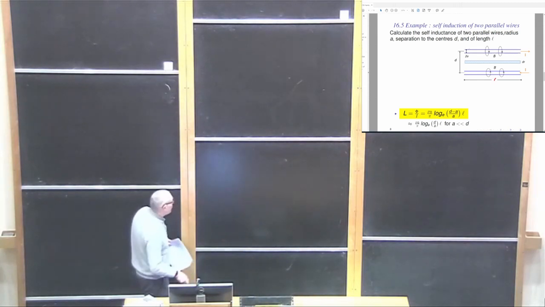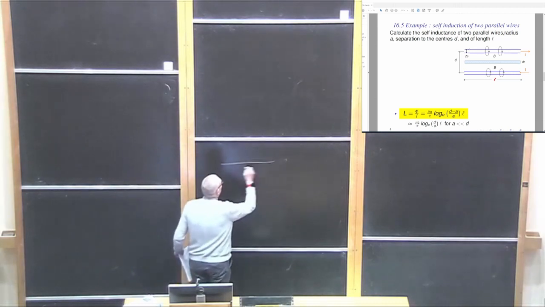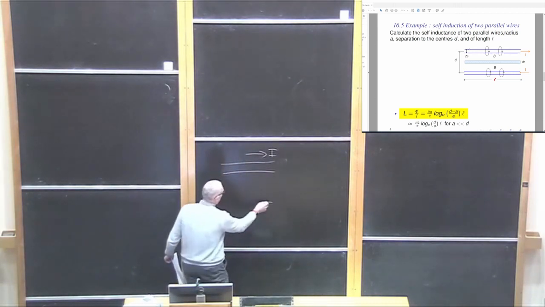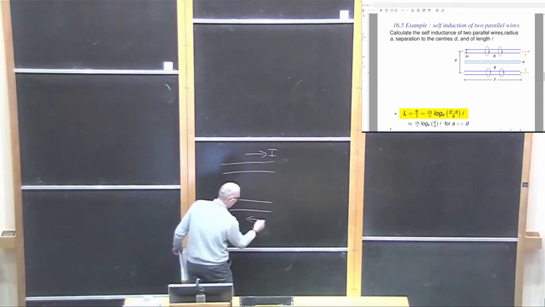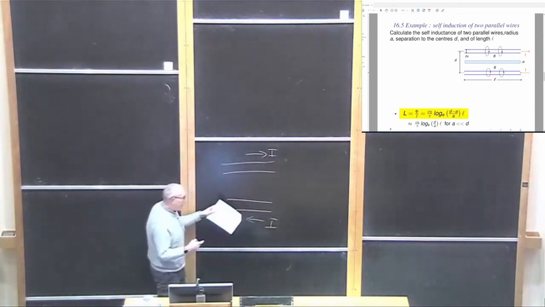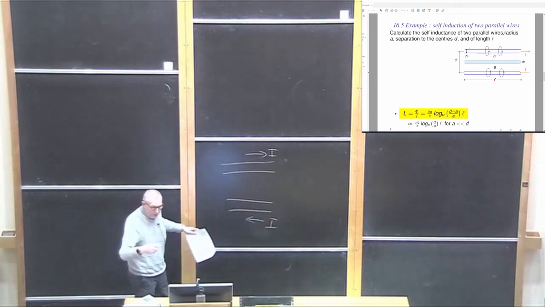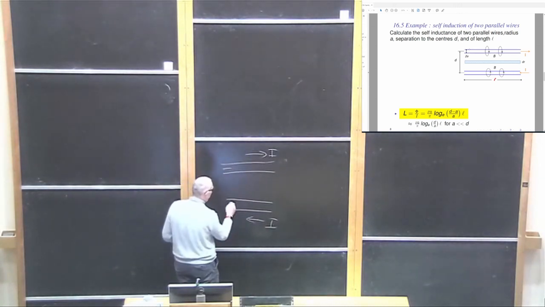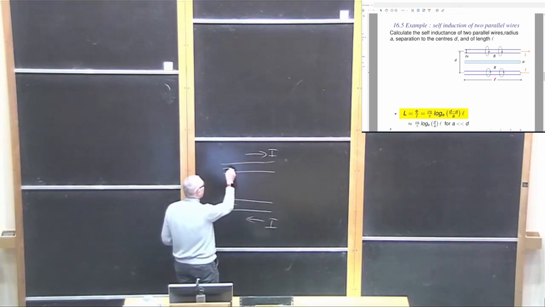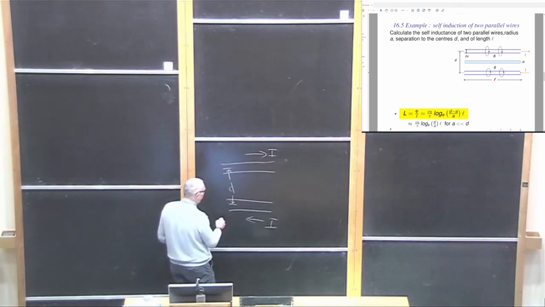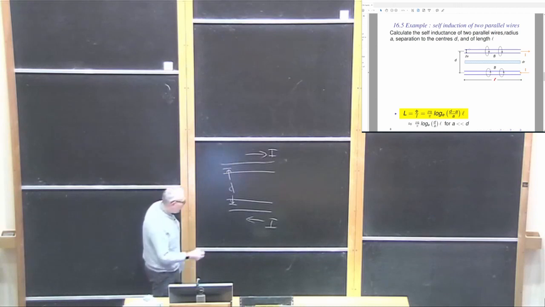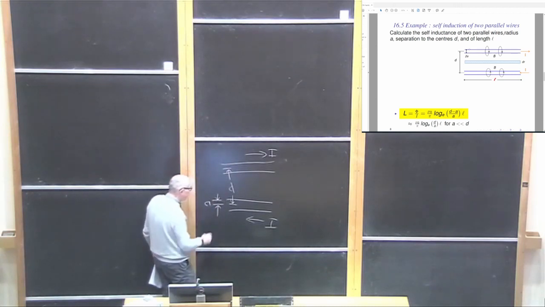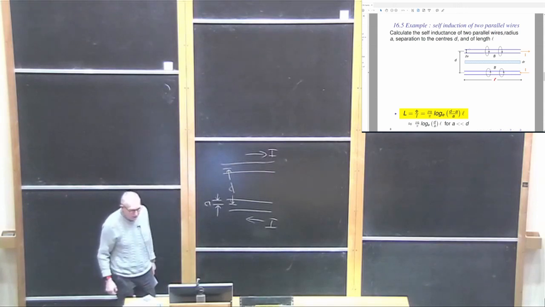The configuration is where there's a wire with a current I flowing down here and a current I flowing down there in the other wire, which runs parallel. And these are separated by a distance d from their centers, and the radius of each wire is a. So that's the configuration.